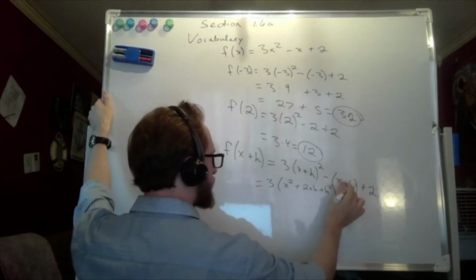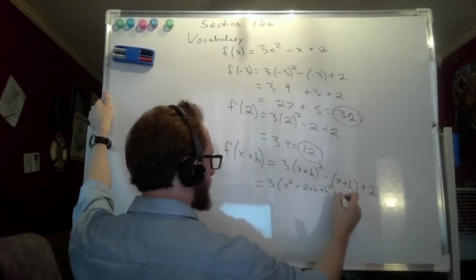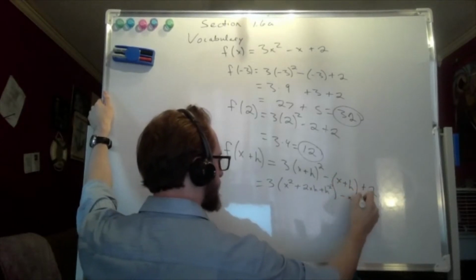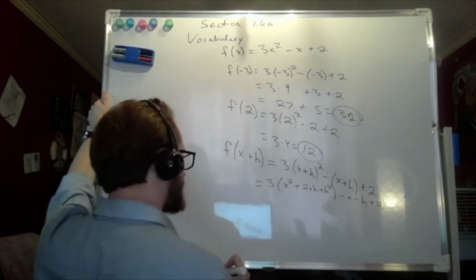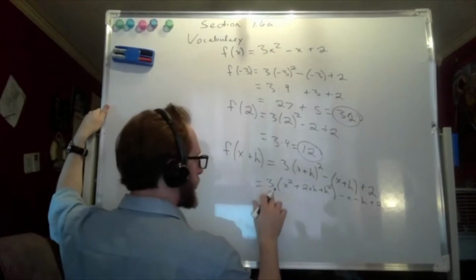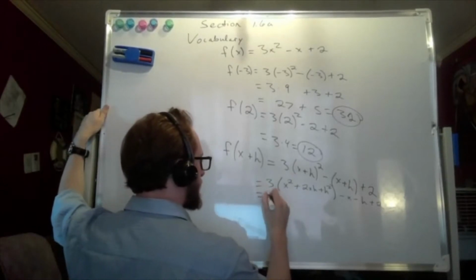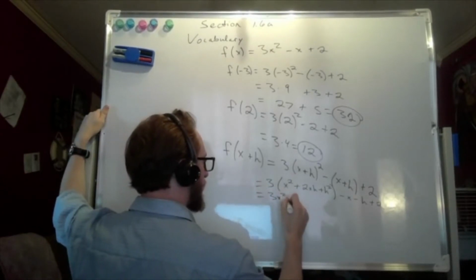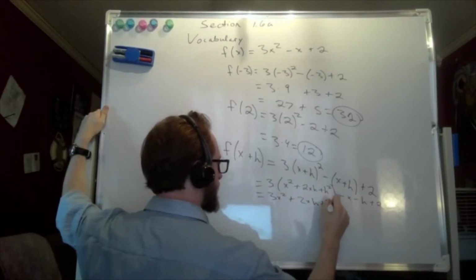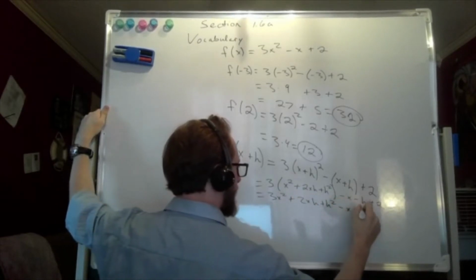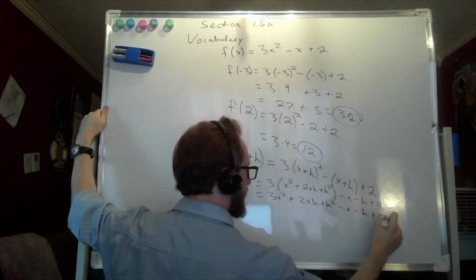Now here we can go ahead and distribute our negative into our parentheses, so we've got minus x minus h plus 2. And so we keep going. We can distribute our 3 in, and we've got 3x squared plus 6xh plus 3h squared minus x minus h plus 2.